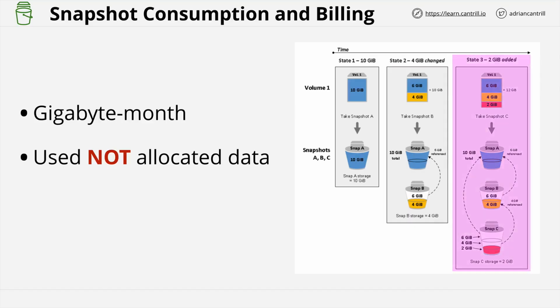On the right, we've got 2 GiB of data that's added to that volume, so the volume is now 12 GiB. The next snapshot references the original 6 GiB of data, so that's not stored in this snapshot. It also references the previous snapshot's 4 GiB of change data, that's also not stored in this new snapshot.